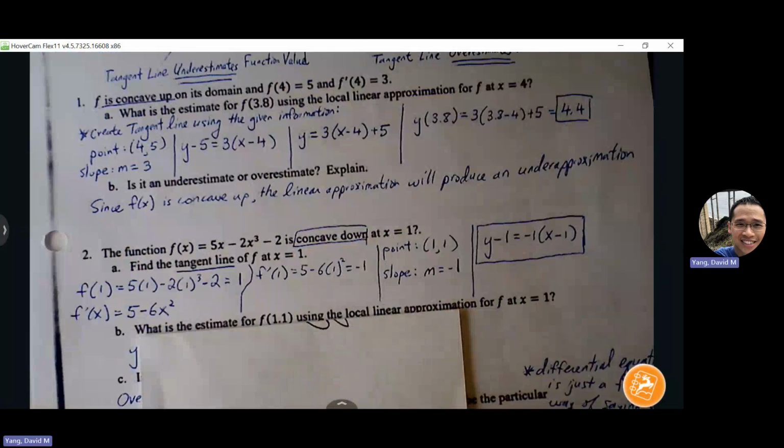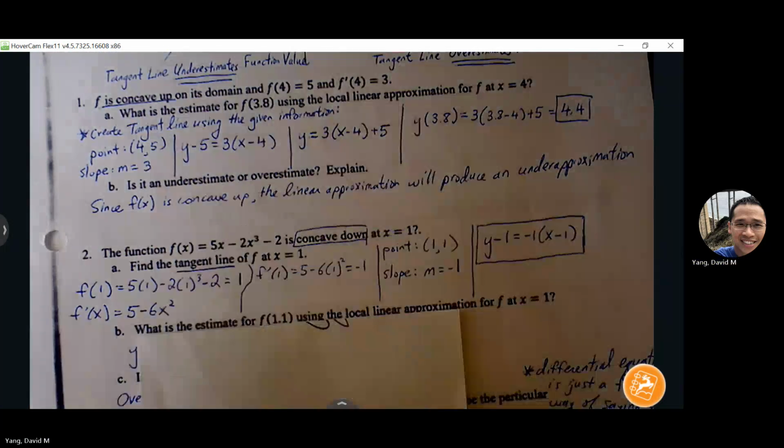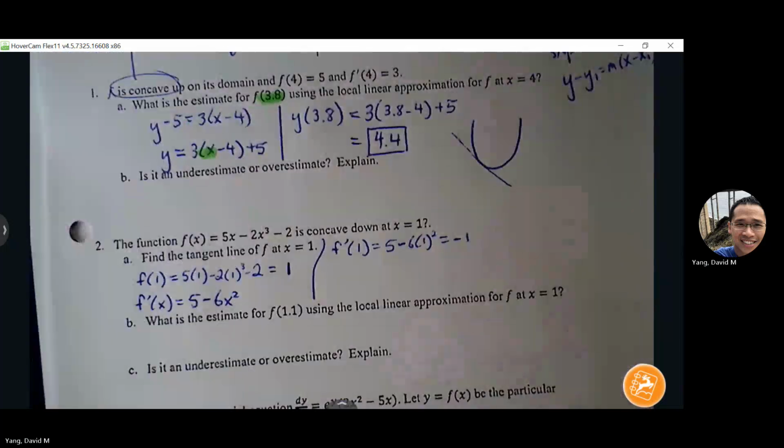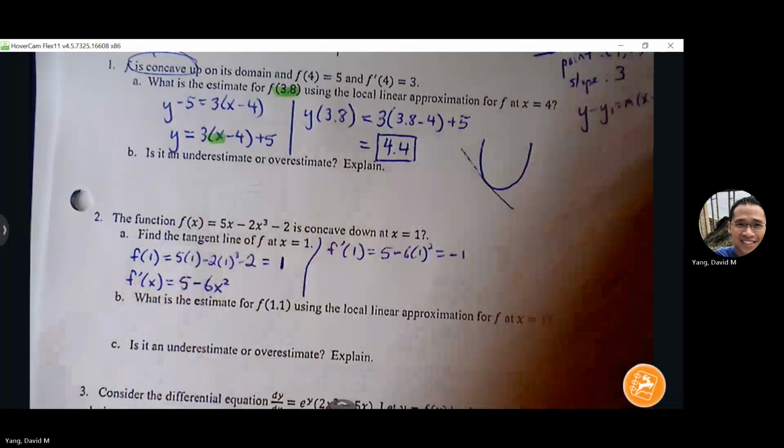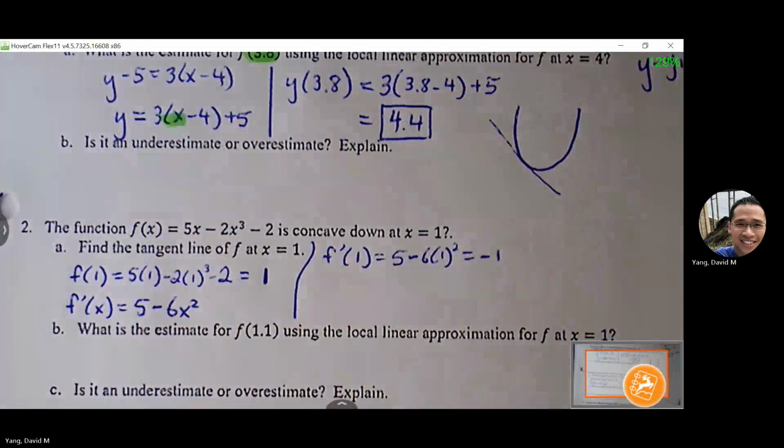Take our ordered pair, take our slope, point-slope form. So f prime, we plug into the derivative to get our slope. So we have everything that we need to build our tangent line equation. Take our ordered pair, take our slope, point-slope form.